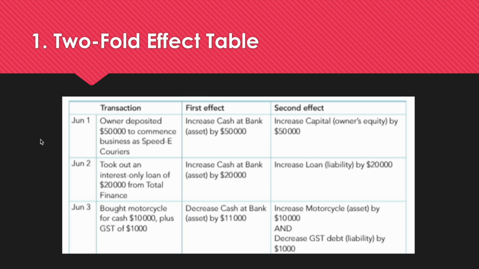So on 3rd June, they bought a motorcycle for cash, $10,000 plus GST of $1,000. So of course, since it's cash, it decreases the bank, which is an asset, by $11,000, and it increases the motorcycle, which is an asset, and decreases GST debt.